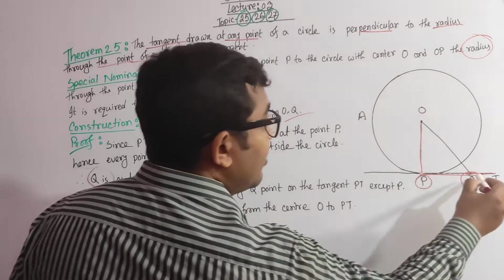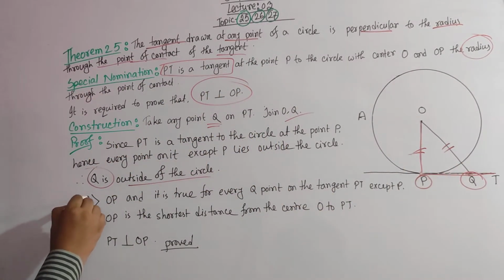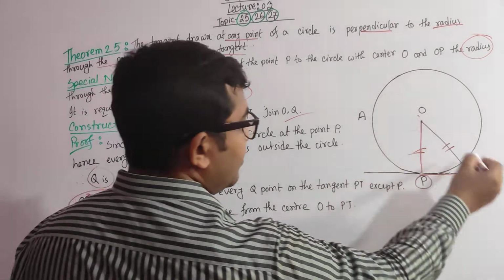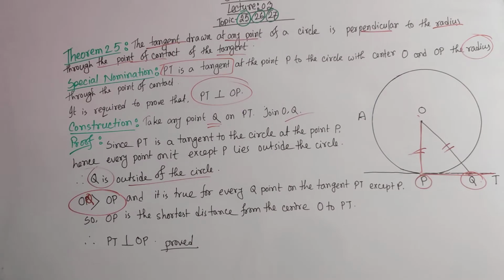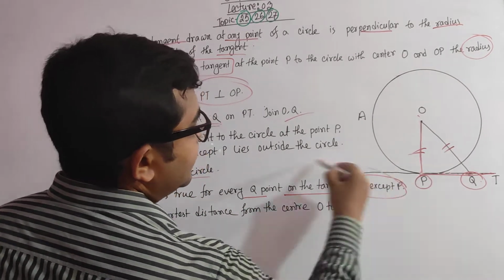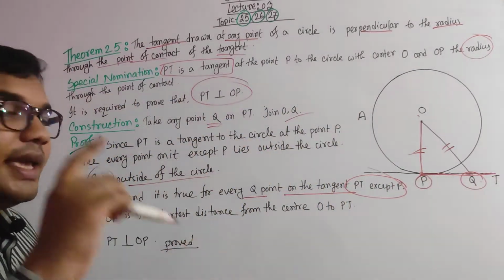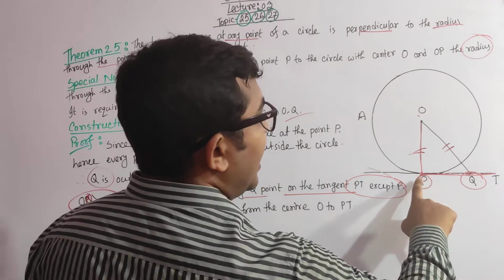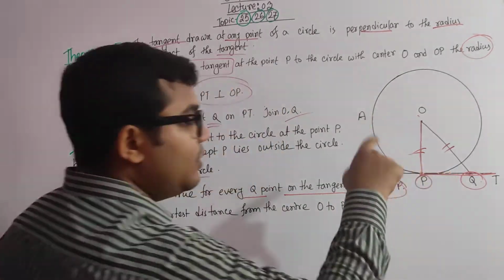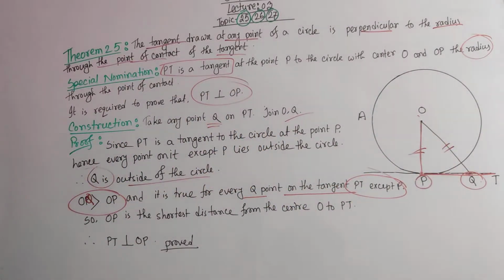If Q is outside the circle, then what about the distance? The distance of OQ is greater than OP. It is true for every Q on the tangent PT except P. On PT, any point we take must be outside the circle except P; only P is the point of contact, that means P remains on the circle.